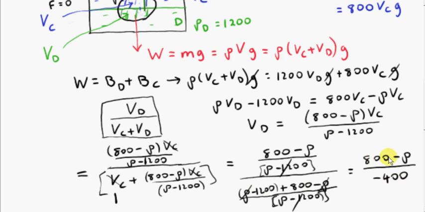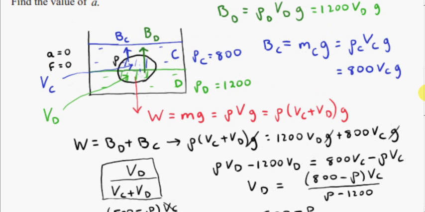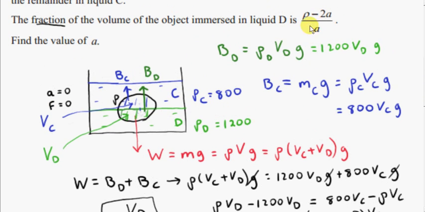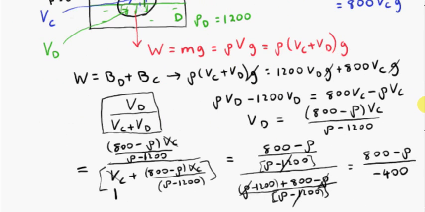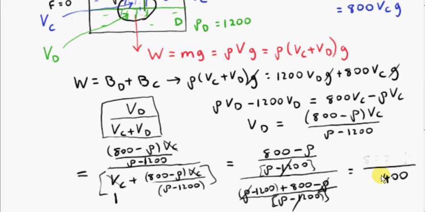Now we multiply above and below by minus 1, and that will give us the result. Well, the result will have this form, as you'll see in a second. We get plus 400 underneath, and when we multiply 800 minus rho by minus 1, we get minus 800 plus rho, which is rho minus 800.